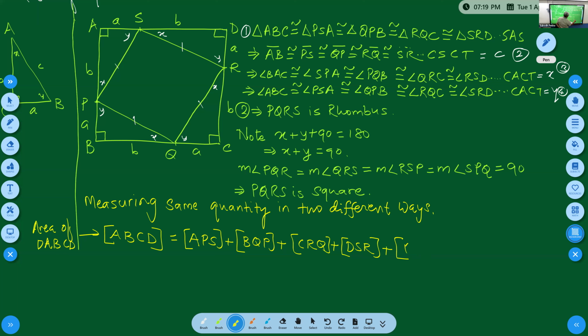We measure the same area in two different ways. We have proved all these four are triangles which are congruent to ABC.